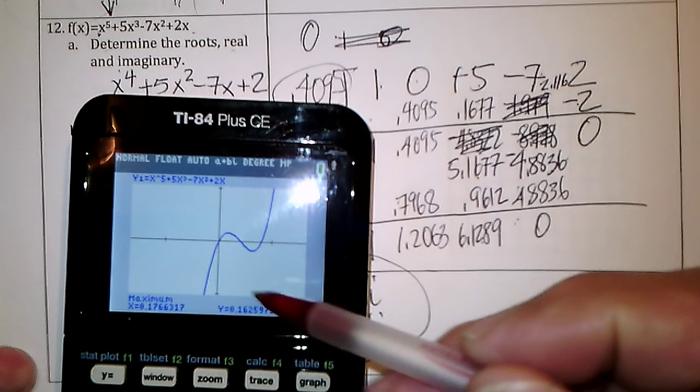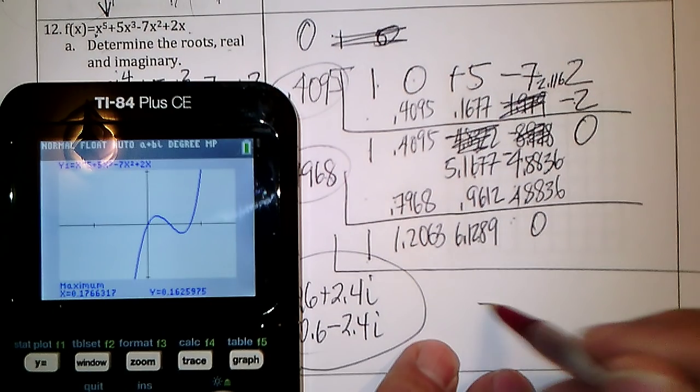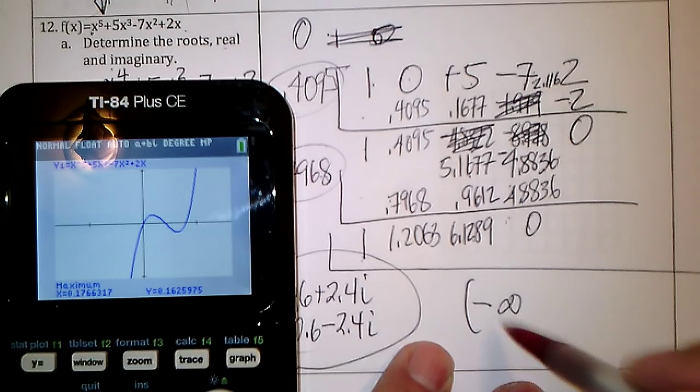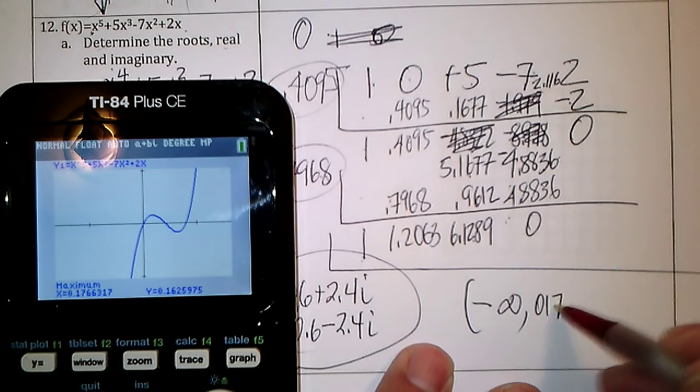And it says it increases from negative infinity up till 0.177.